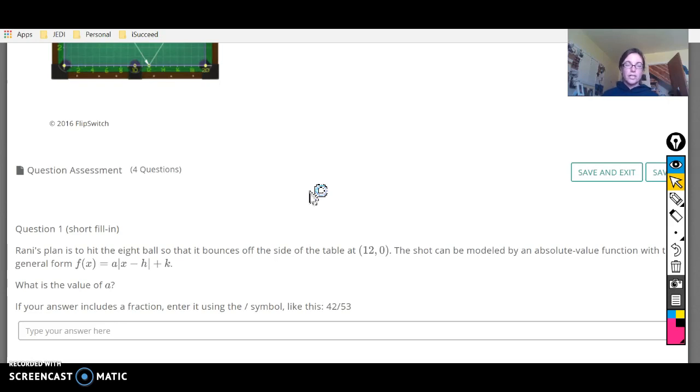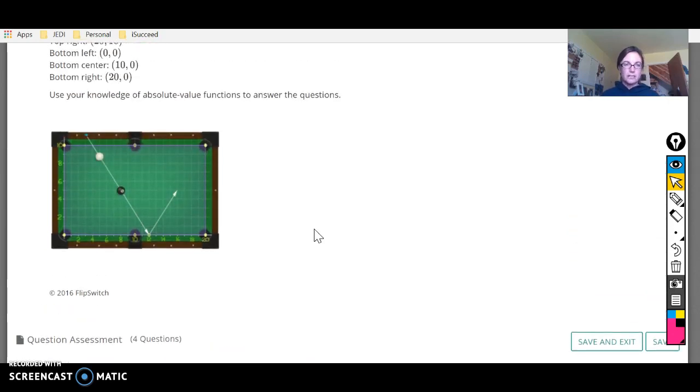So if we look up here, this is actually pretty cool. If we imagine this pool table to be our coordinate plane, we can see that the vertex of our absolute value function is over here at 12 and 0. And if you'll recall from previous mapping problems, our vertex is at h and k.